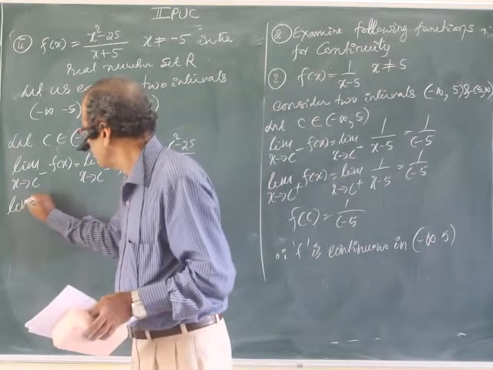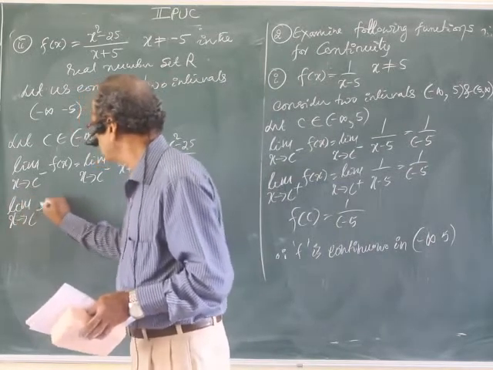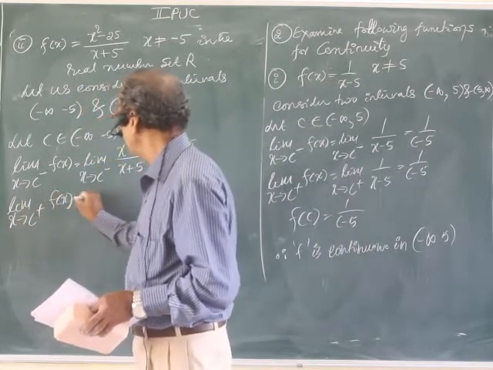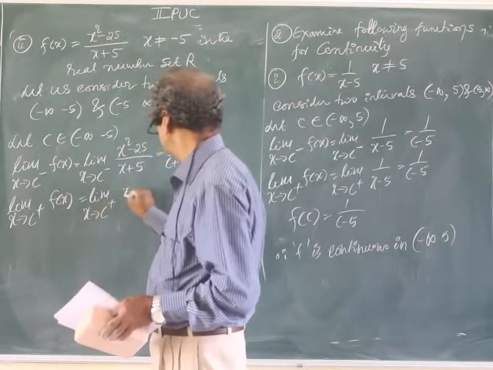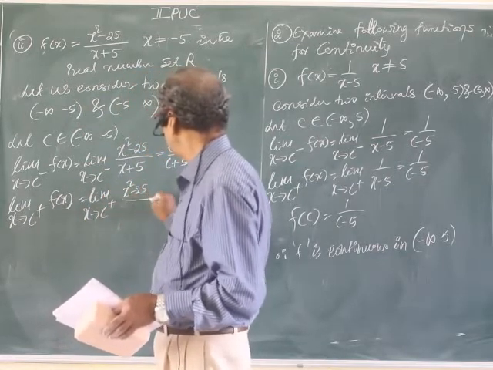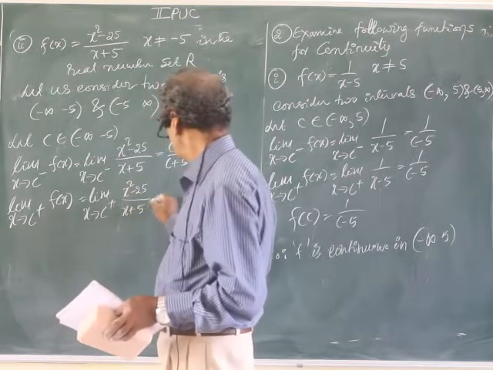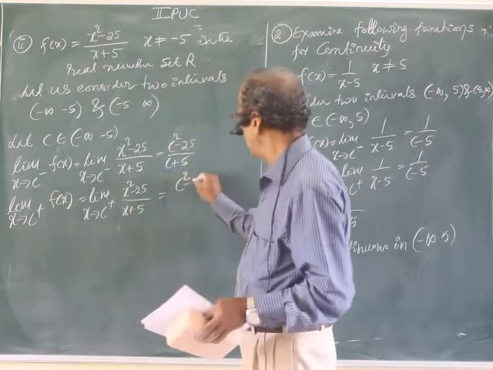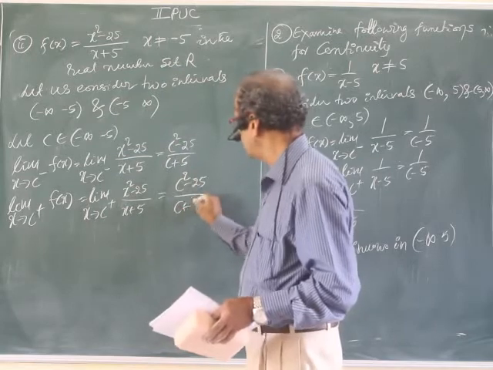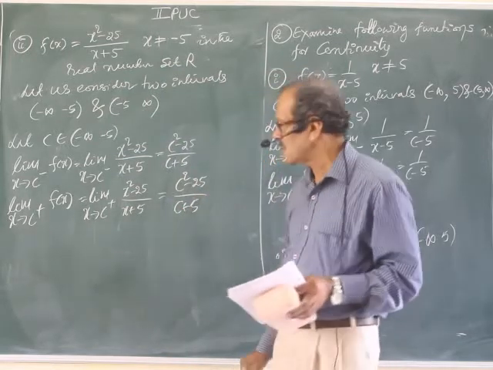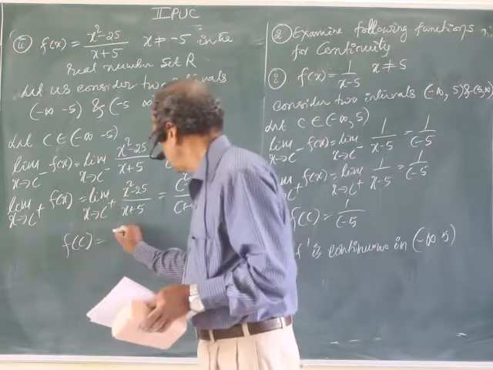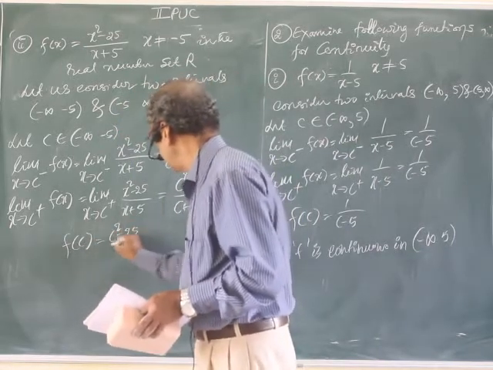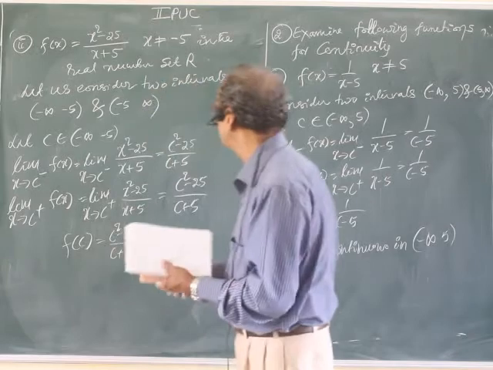Limit x tending to C plus f of x equals limit x tending to C plus, same equation you have to write, C square minus 25 by C plus 5. And f of C equals C square minus 25 by C plus 5.